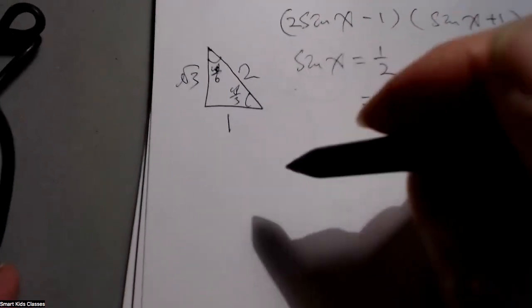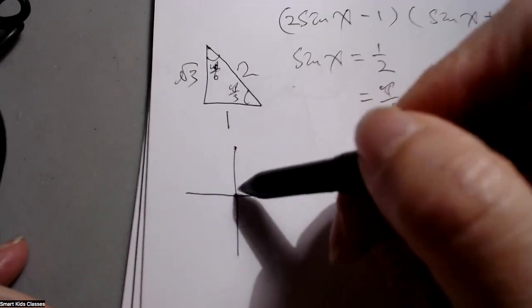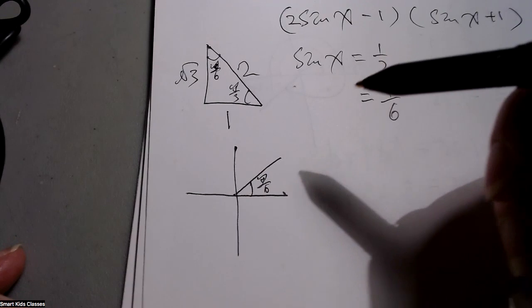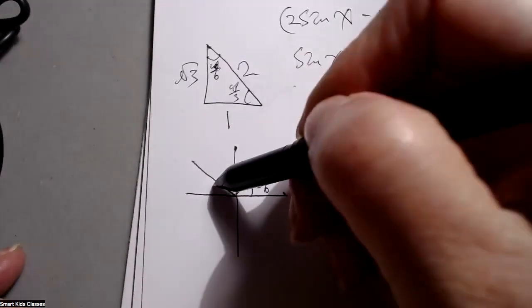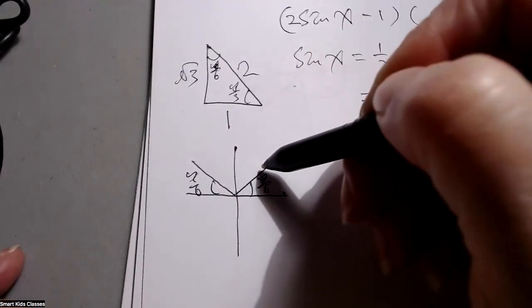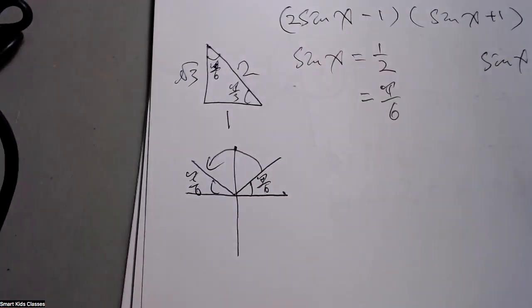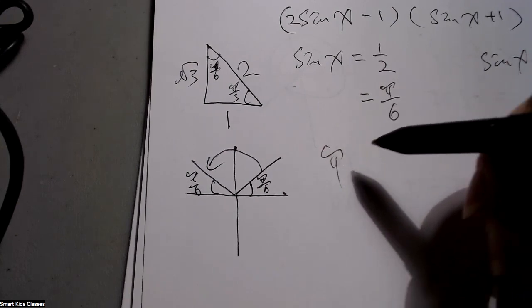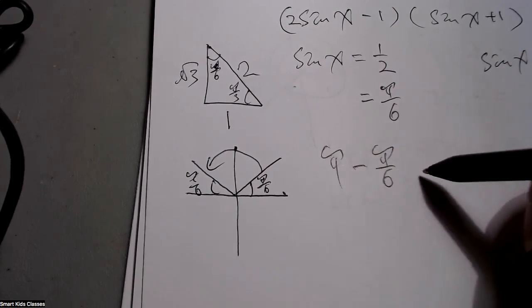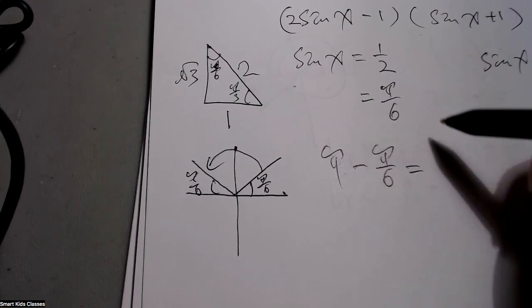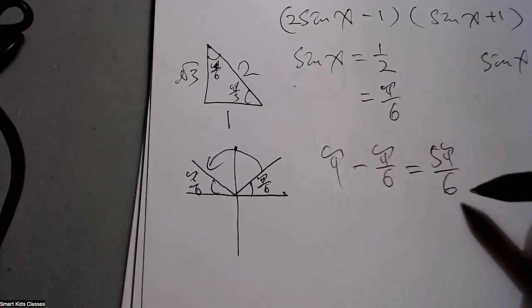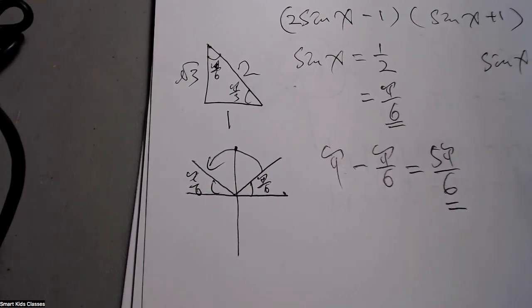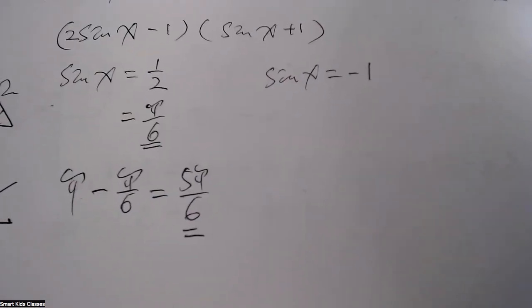If you draw a CAST rule, sine positive here is pi over 6, the first angle. Sine positive here is also pi over 6, so this angle will be pi minus pi over 6. So the next angle, pi minus pi over 6, is going to be 5 pi over 6. So we get two angles.